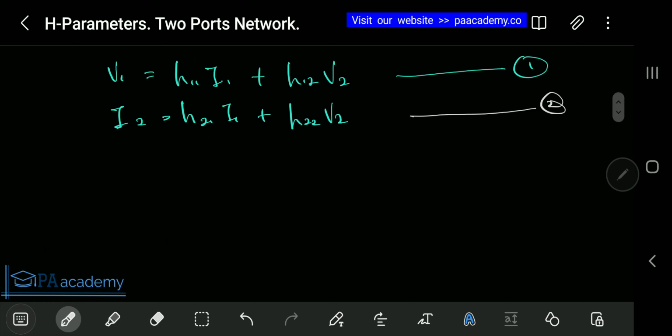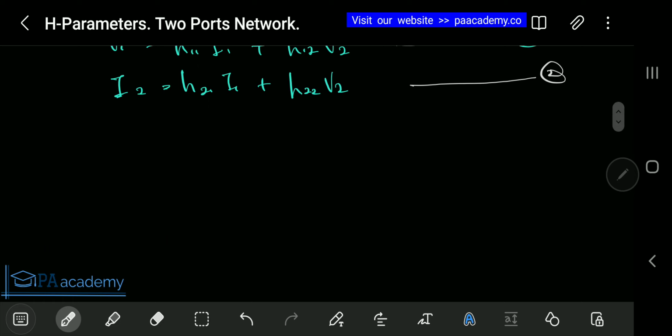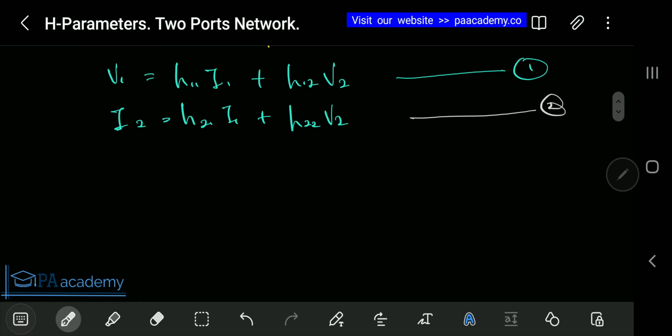Just the same way we did the other parameters, we can also do something to equation 1 and equation 2. So let's say from equation 1, when V2 is equal to 0.